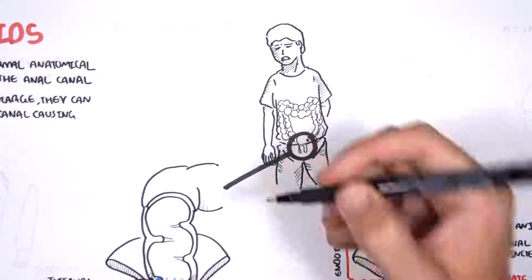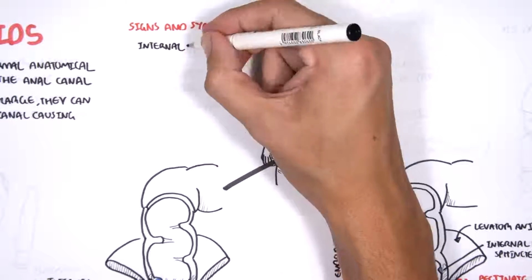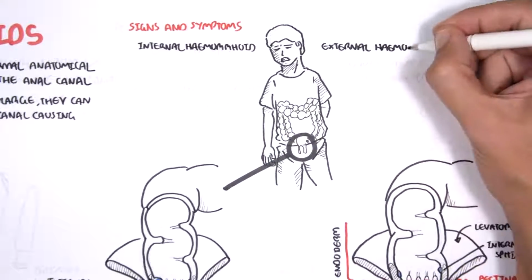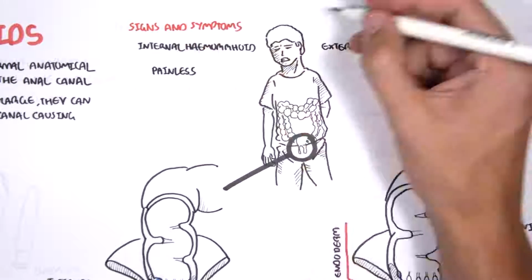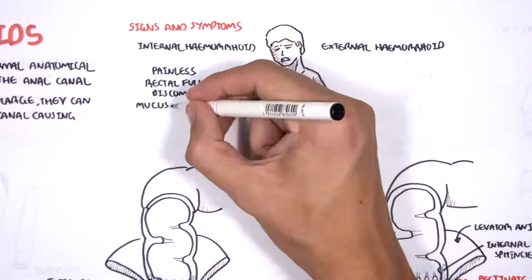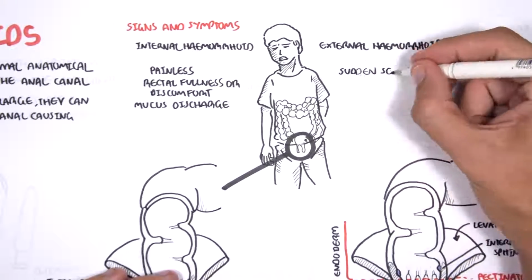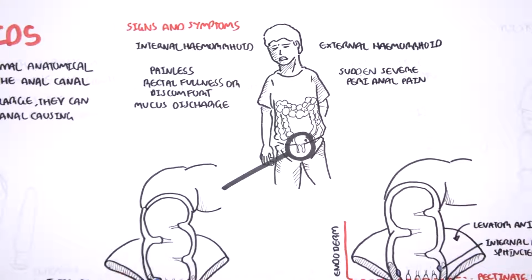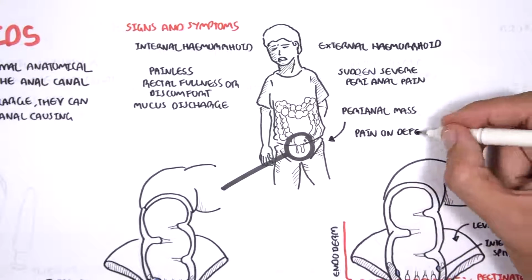The signs and symptoms of hemorrhoids differ a bit depending on whether it's an external hemorrhoid or an internal hemorrhoid. An internal hemorrhoid can often be painless, but there can be a feeling of rectal fullness or discomfort and mucus discharge. External hemorrhoids are quite painful. They can cause sudden severe perianal pain, and a perianal mass might be felt.